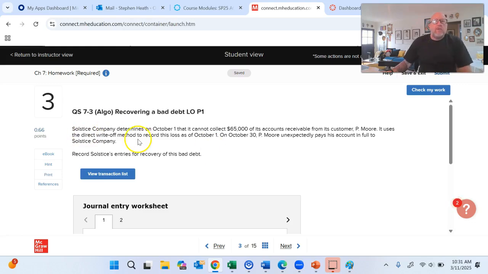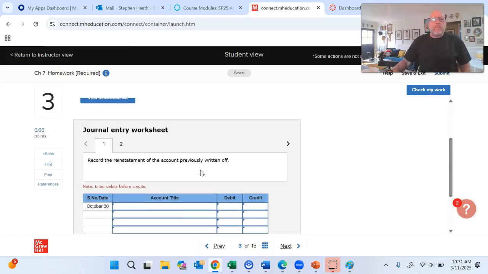Okay, so Solstice Company determines on August 1st that it cannot collect 65,000 of its accounts receivable from its customer, P. Moore. It uses the direct write-off method to record the loss on October 1st. Then on October 30th, Moore unexpectedly pays his account in full. Record Solstice's entry for the recovery of the bad debt.